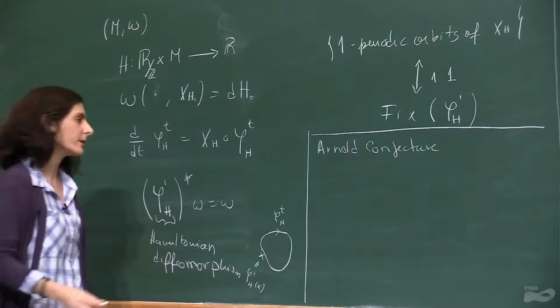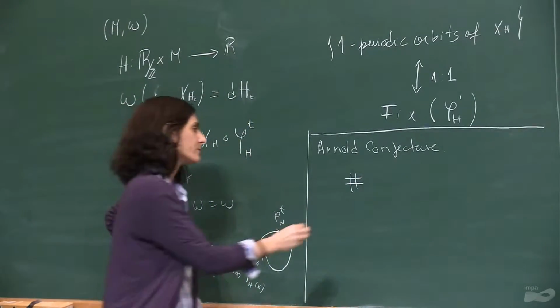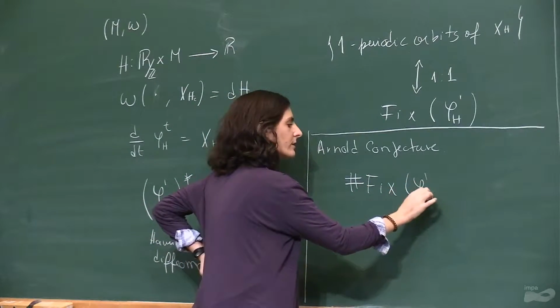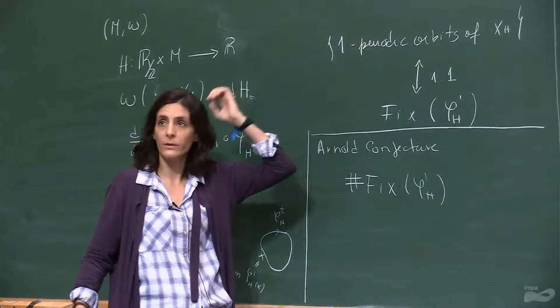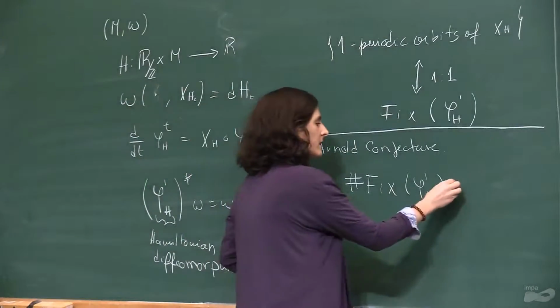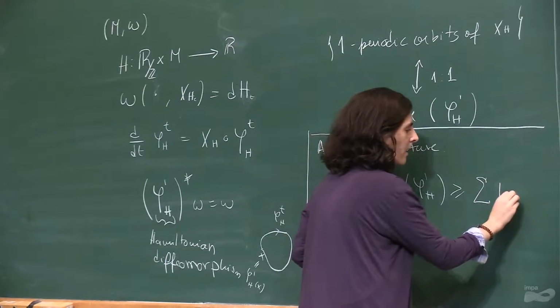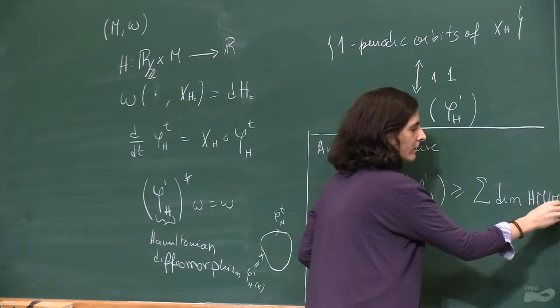And in this conjecture, the claim is that the number of fixed points of a Hamiltonian diffeomorphism, so the time one map of a Hamiltonian flow, or if you wish, the number of one periodic orbits of this Hamiltonian system, is bounded from below by the dimension of the Morse homology of the manifold M.